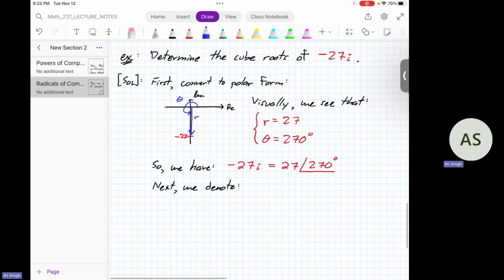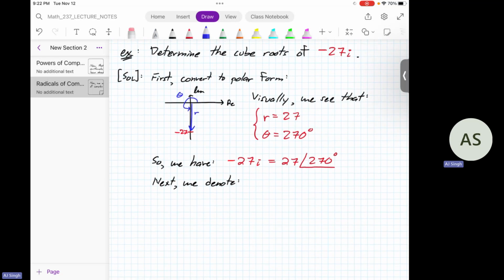Yeah, we're doing cube roots. So I'm going to denote the cube root of this polar number that we just found. And once you do the cube roots, we are expecting it'll look like r angle theta. And our goal is to figure out what r is and what theta is.